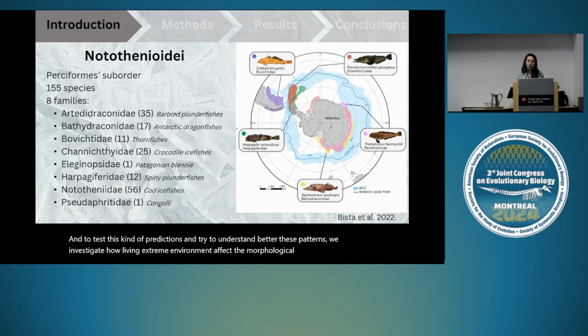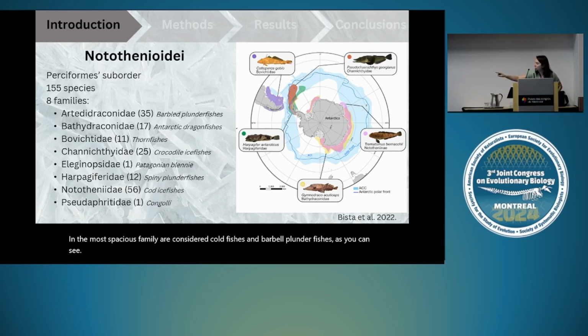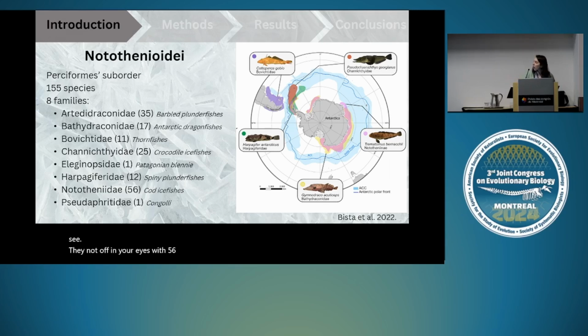For that, we focus on notothenioids, a suborder of perciformes with around 155 species distributed in 8 families, and the most speciose families are the cod icefishes and the barbeled plunderfishes. As you can see, the notothenioids with 56 species, and second, Artedidraconidae with around 35 species.